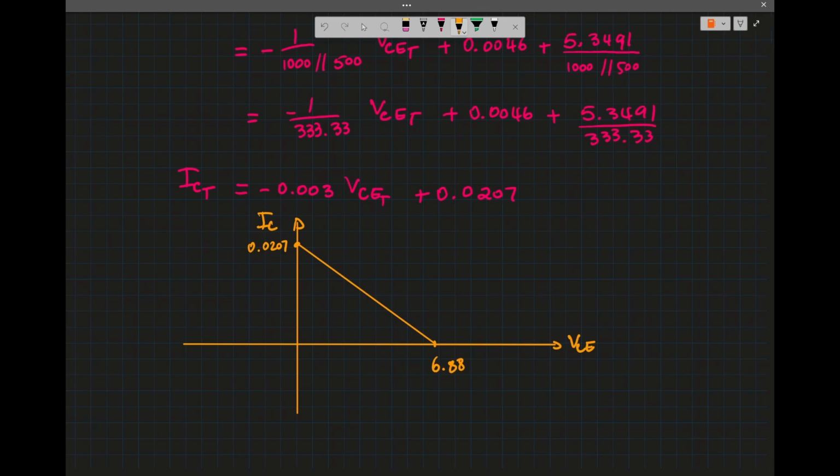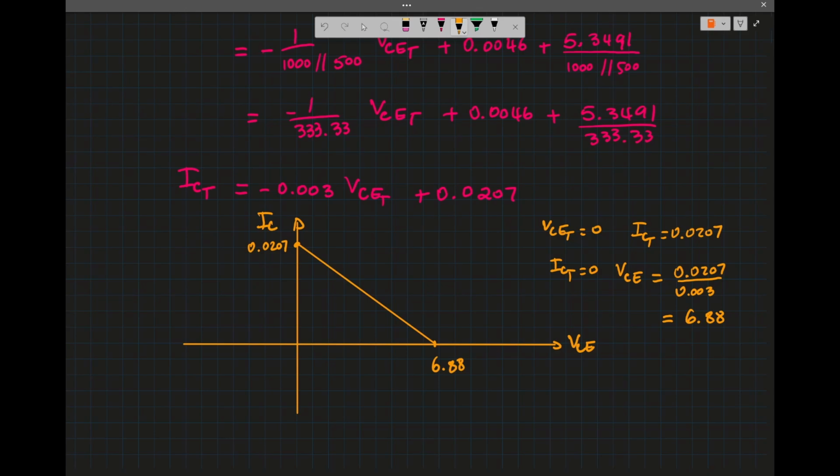Right, so we do the same thing: when VCE equal to 0, then IC will be 0.0207, but when IC equal to 0, VCE will be equal to 0.0207 divided by 0.003. When I put it in a calculator, that's where the 6.88 comes from.